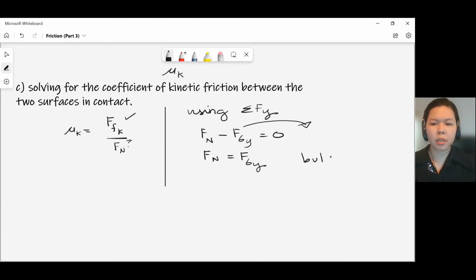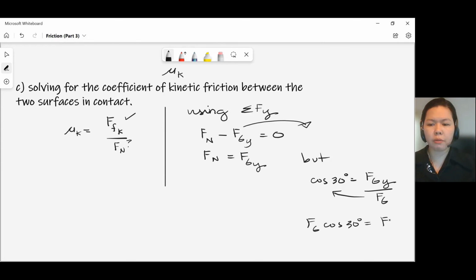But in our triangle, we have cosine 30 degrees equals Fgy over Fg. That's why cross multiply there. Fg cosine 30 degrees equals Fgy. We place this one here. So Fn equals Fgy, which is Fg cosine 30 degrees.